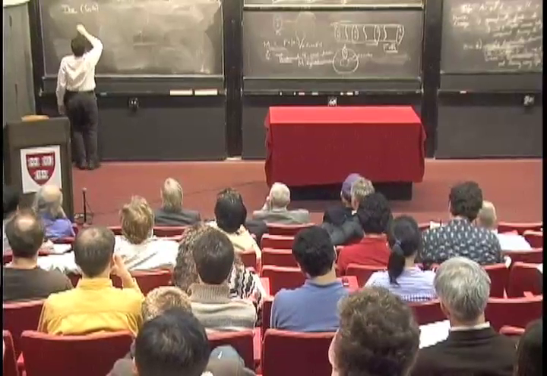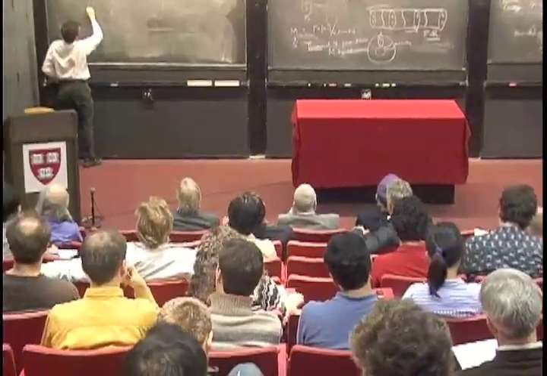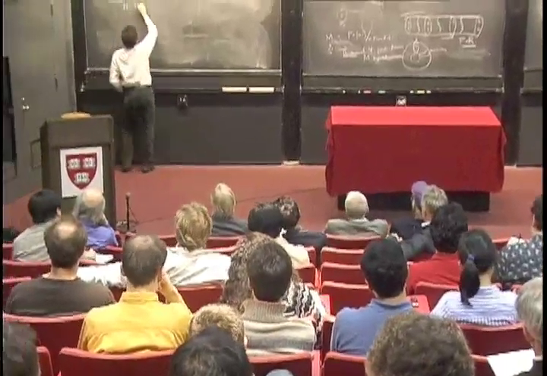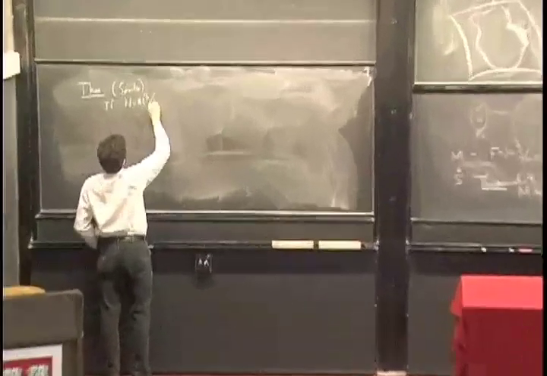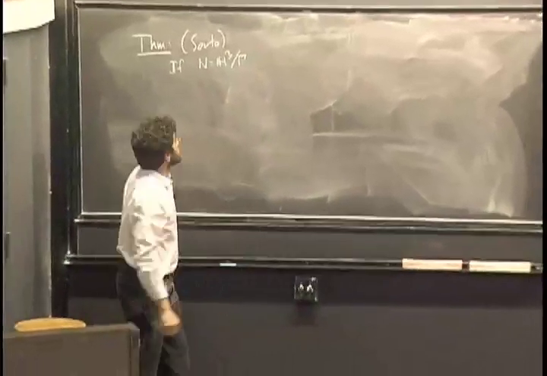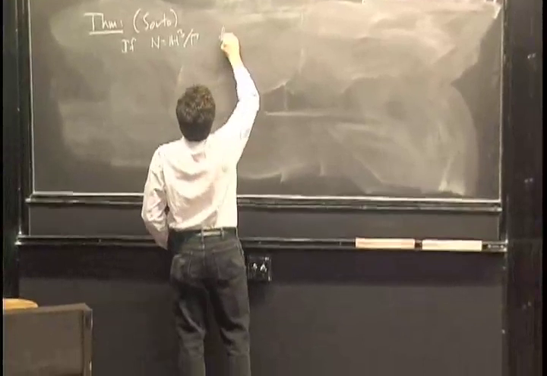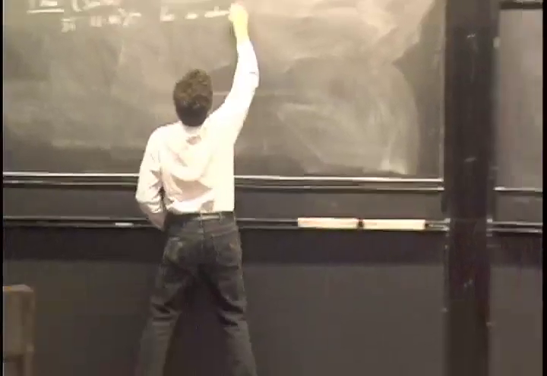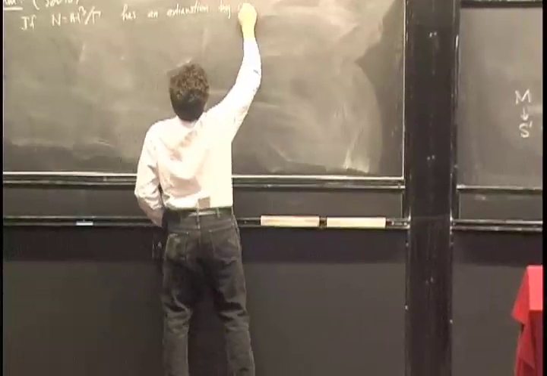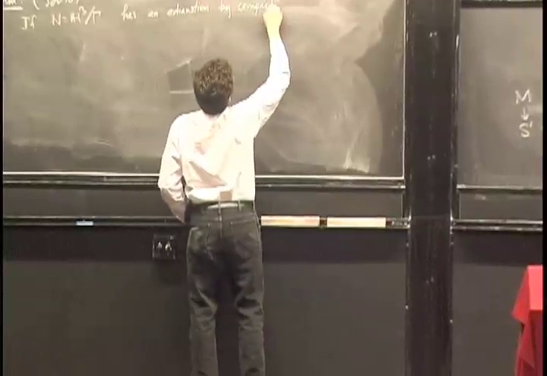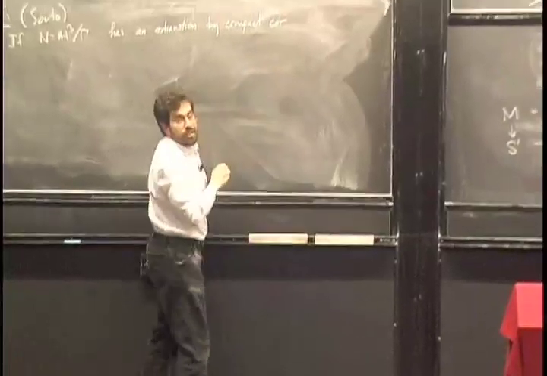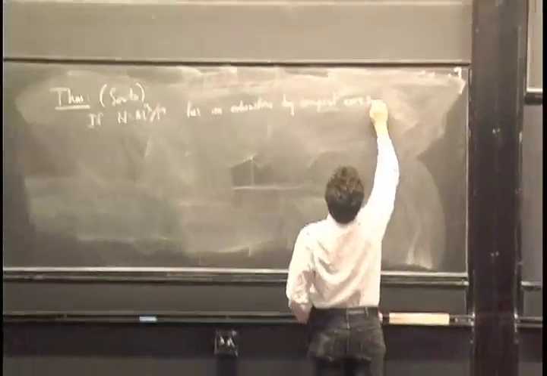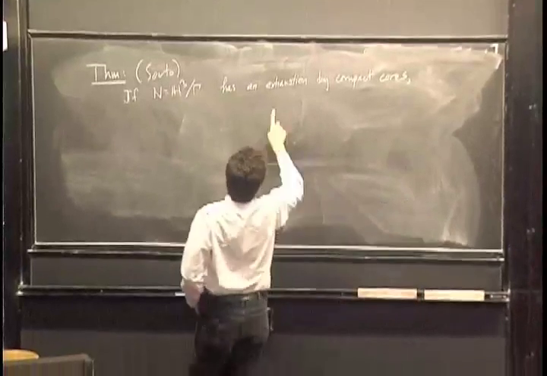So Soto proved a few years before the following statement: if N, same setup as before, a finitely generated degenerate group, has an exhaustion by compact cores.